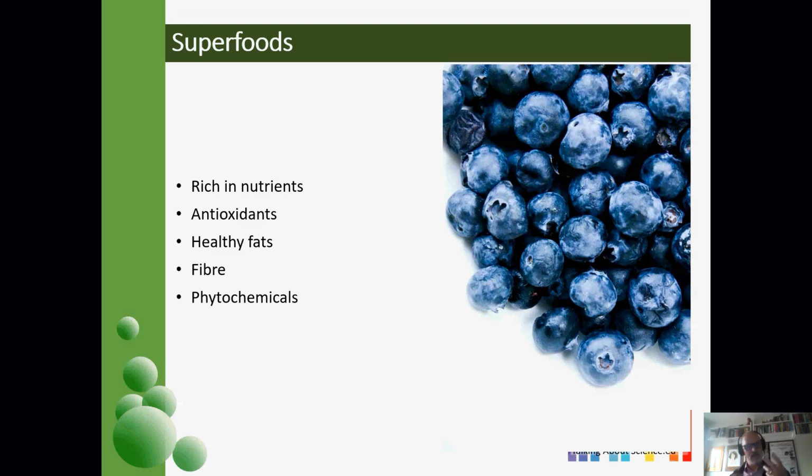That's your collagen and other components which are involved in your skin and your muscles.